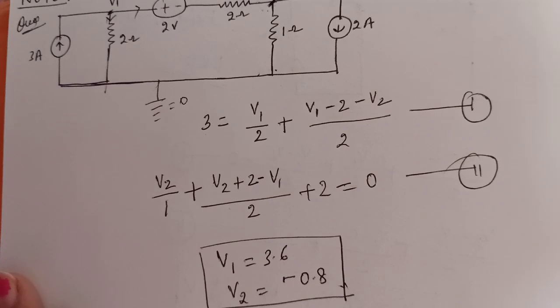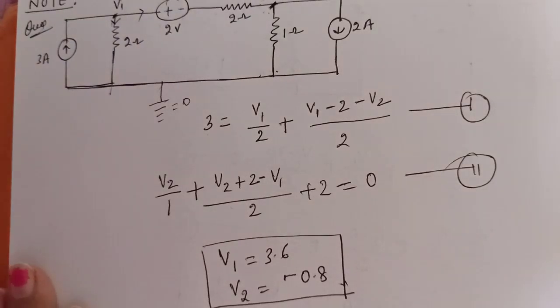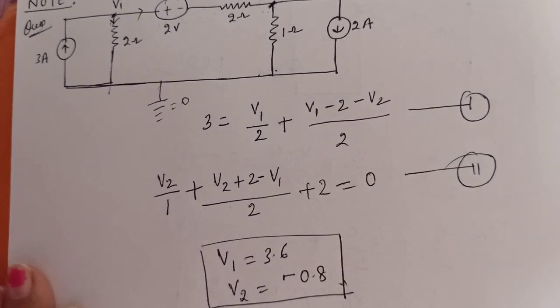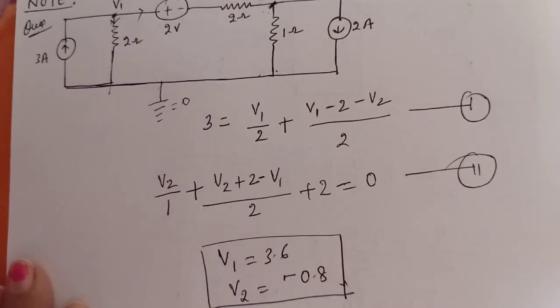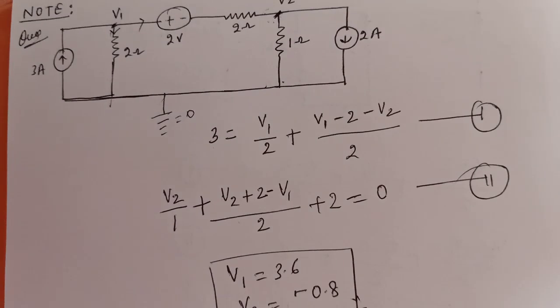Then you have to develop the KCL equations at each non-reference node. Then by solving the KCL equations, find the node voltages. And if any ideal voltage source is present between two nodes, then you have to use the supernode technique. Clear? That means there KVL also you have to apply. So this was about today's class.